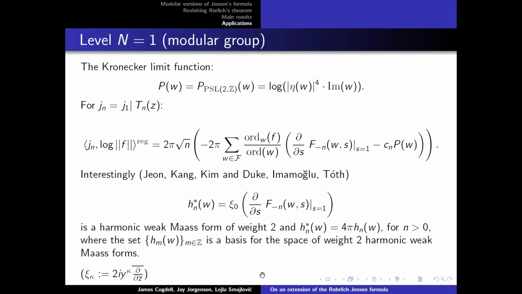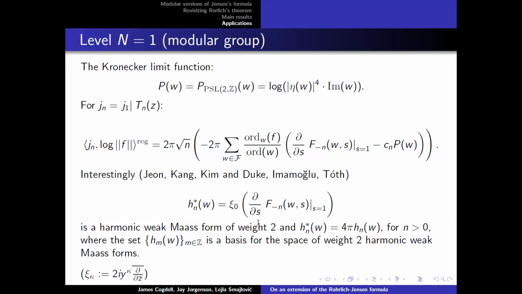And then, of course, when the level is 1, we just retrieve results by Brinkmann and Kane, meaning that when J is just the action of the Hecke group on J_1, we get the result from Brinkmann and Kane. And I will just, as a side comment, add that those derivatives at s equals 1 are not a function that appears in this work for the first time.